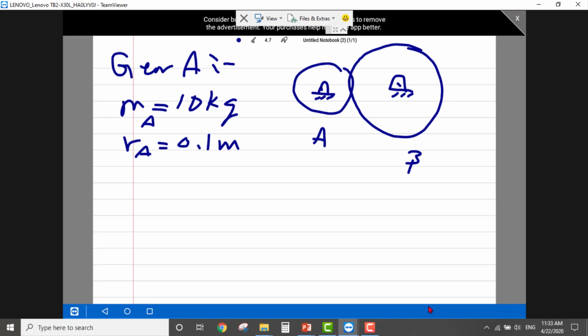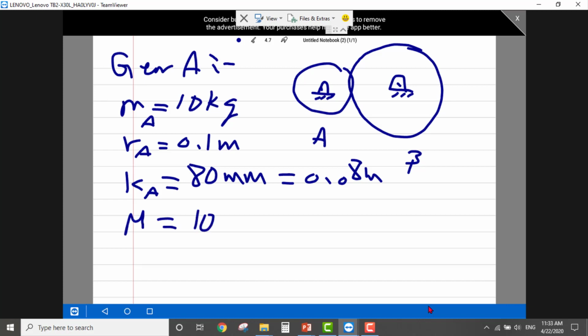The radius of gyration of gear A is equal to 80 millimeters, which is equal to 0.08 meter. We have a couple moment about the centroid of gear A, which is 10 Newton meters. So that's all for gear A.